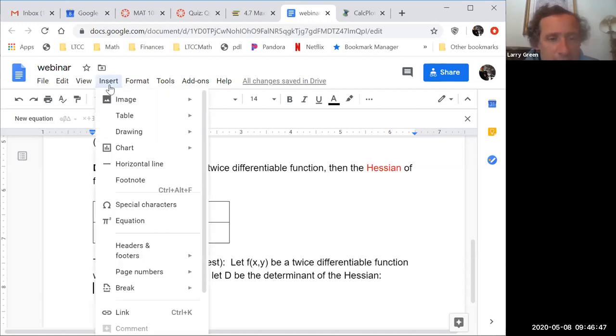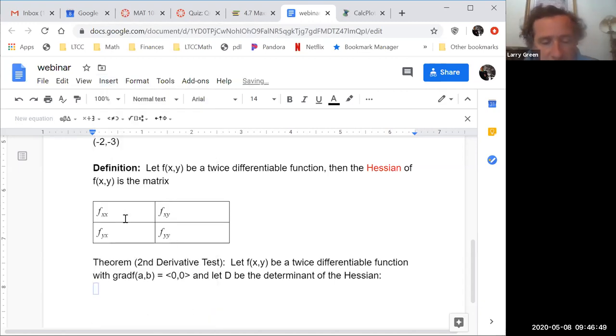So D equals f sub xx times f sub yy minus f sub xy squared. That's the determinant of this Hessian. Is that clear?